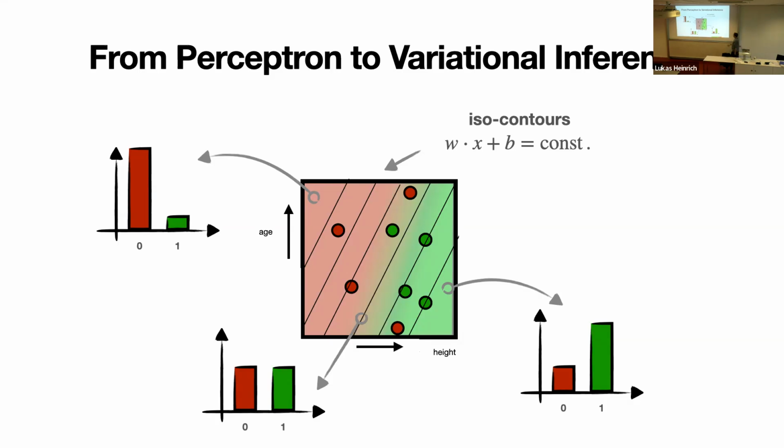And so if we look at this point, we have our function as a value of x, right? We stick it through our linear function, we stick it through our sigmoid, and then we stick it through our Bernoulli distribution, and we get a Bernoulli distribution, which just has 2 probabilities. Here in this particular case, it's going to be very confident that it's green, a good basketball player. Here, it's unsure.